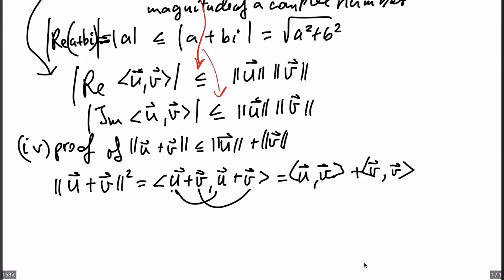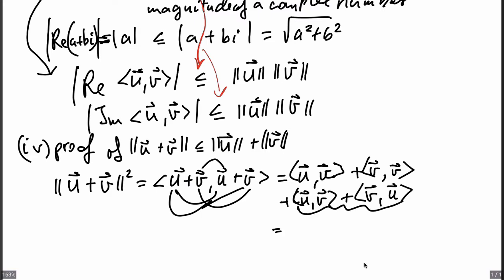then for example u inner product v, and v inner product u. These are complex conjugates. So for example, if I denote this with A, then this is A conjugate.